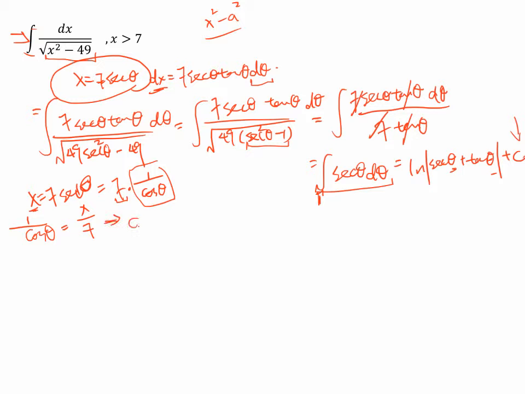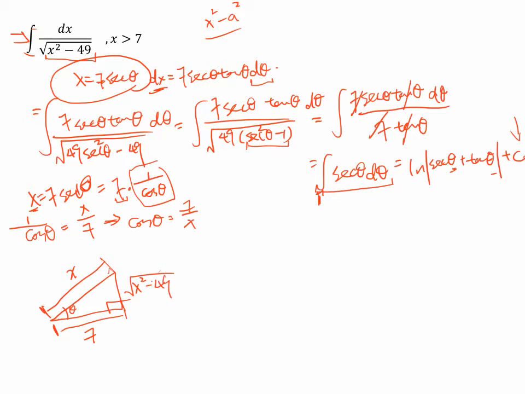So I have cosine theta equals 7 over x. Flip it over, take the inverse, and draw the triangle. Remember, we have the triangle method. Theta is here and the right angle here. Cosine theta is this side over this side, 7 over x. So this side is the square root of x squared minus 49.